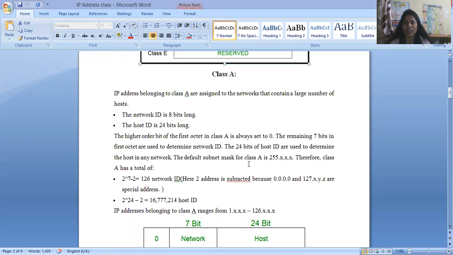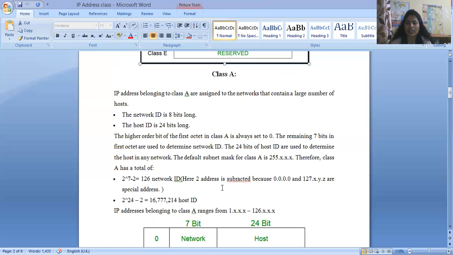The default subnet mask for class A is 255.x.x.x. Therefore class A has a total of 2 to the power 7 minus 2, which is 128 minus 2, so 126 networks.